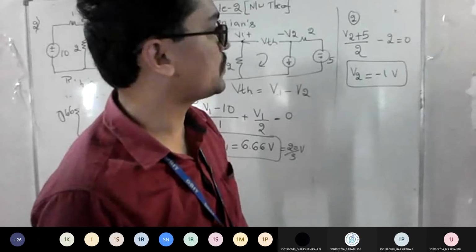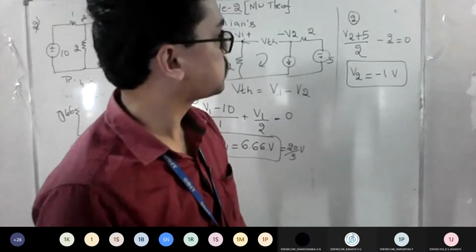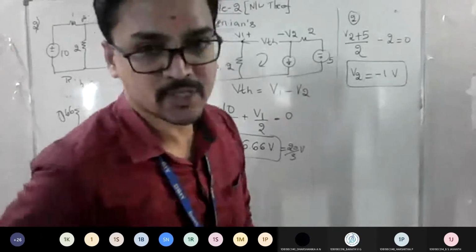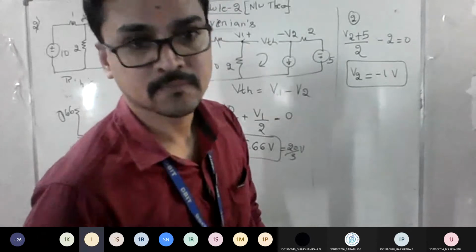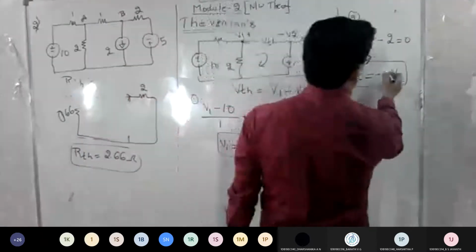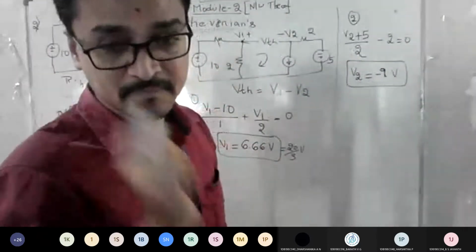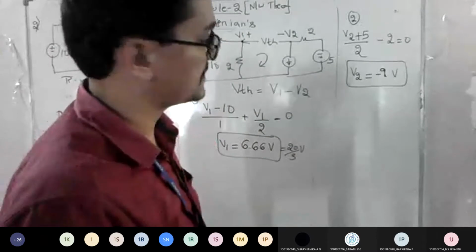So V2 by 5 equals 2. Or you take LCM and solve. How much? 9, sir. Earlier, did you say 9 only or 1 only? Someone told 1, I felt. Is it 9?